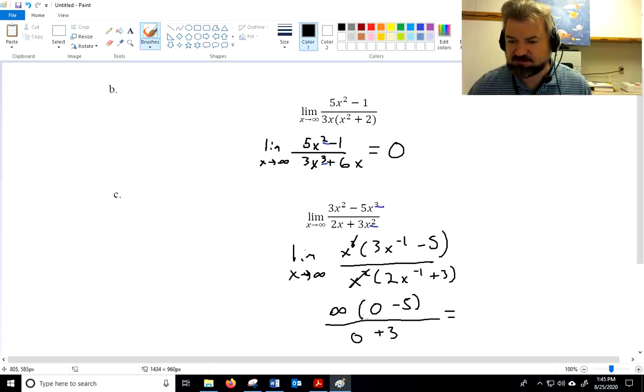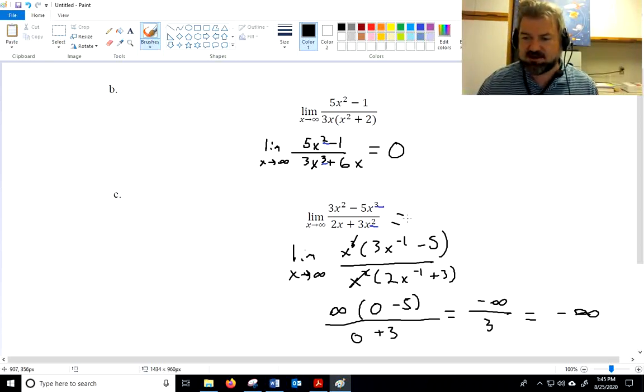So the top is going to be infinity times a negative 5. So that's actually a negative infinity on top over 3. So that's a positive number. So that's also a negative infinity. So I used my algebra there to answer which one it was. You might have been able to tell just by looking at it once you see some patterns. And that's certainly okay too.